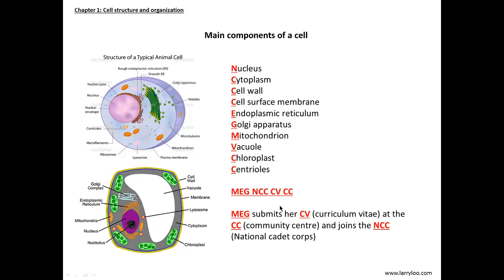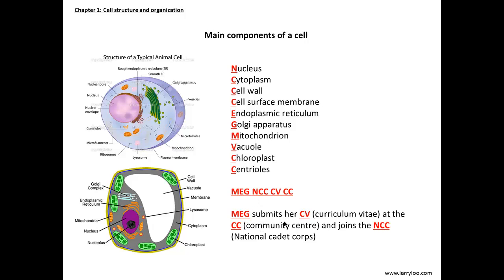So imagine we make a story. Meg submits her CV at the CC Community Center and joins the NCC National Cadet Corps. This may sound really dumb, but this kind of technique is known as mnemonics, which is highly effective for memorizing biology facts, as proclaimed by the famous educator Tony Buzan, who is the inventor of the mind map.